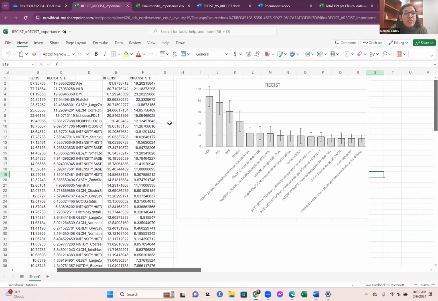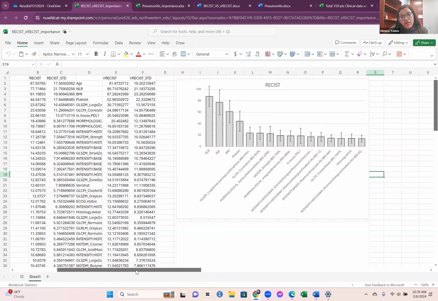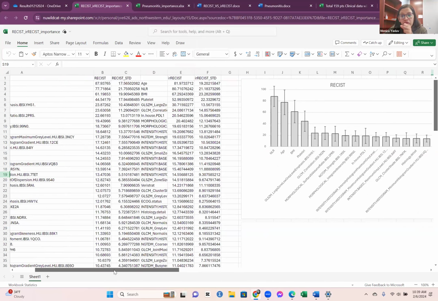But I haven't heard from him regarding this. So NLR, age, BMI, platelets, contribution on what? Radiomics predictability, or what is the contribution? The clinical contribution, other than radiomics.